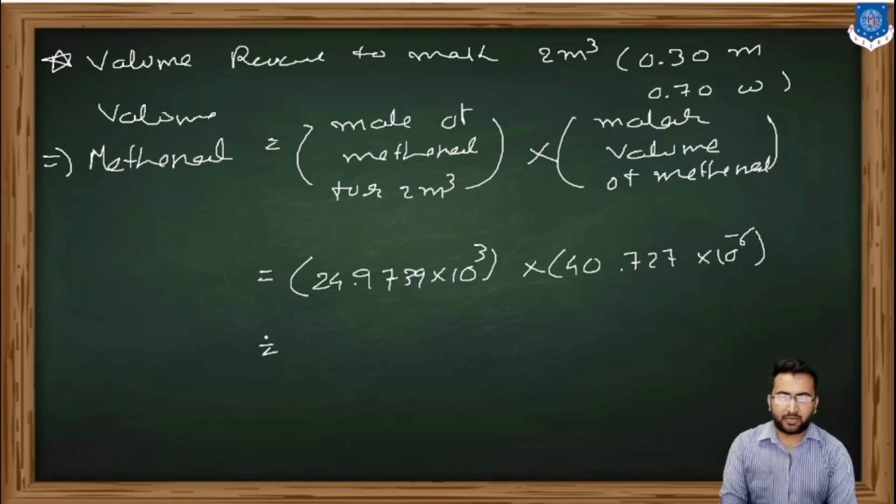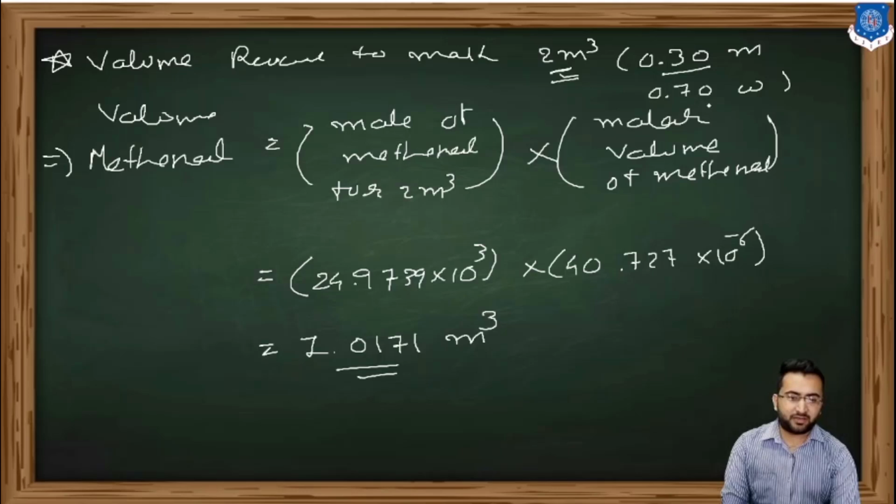If we calculate this term, we will get the volume required to make this type of solution, which is 1.0171 meter cube. So this much amount of methanol is required to make 2 meter cube solution in which 30% is methanol and 70% is water.